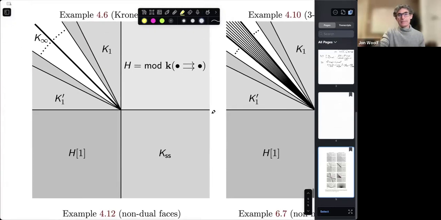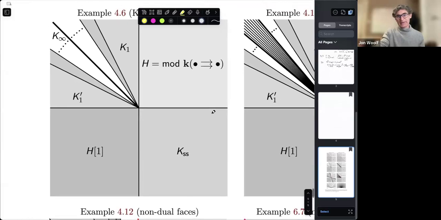And this is what the heart fan looks like. Okay. So going up from the A2 quiver, you can think about the Kronecker quiver. And now you have this countable family of tilts all giving you essentially the same heart, equivalent hearts, and their heart fans live here. And then in the limit along this ray, this is the heart cone of the coherent sheaves on P1, which occur as a tilt of this.